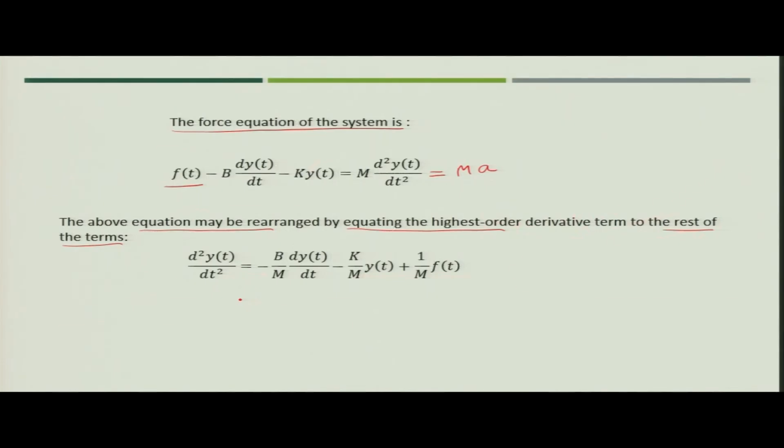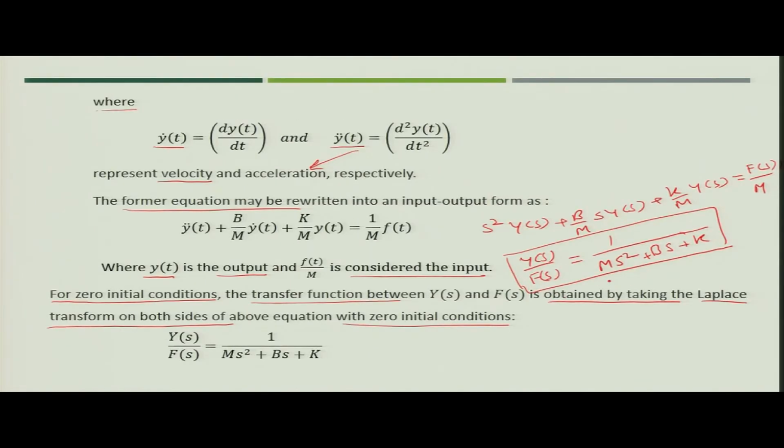It is similar to what we saw in case of electrical systems. So, you can say that the mechanical system which we just discussed is analogous to some electrical system which has the same transfer function.